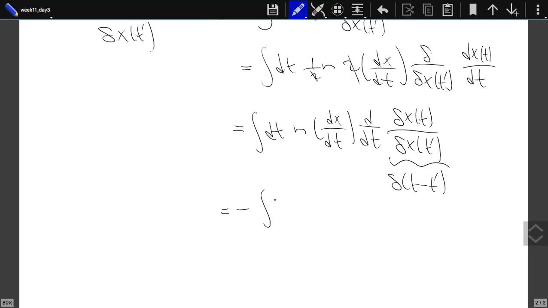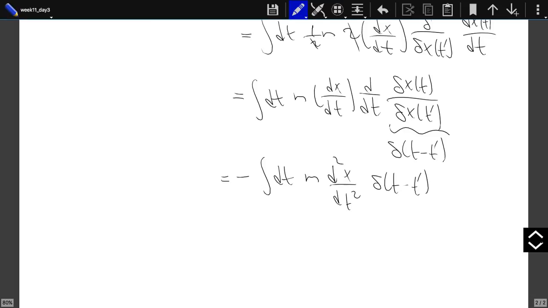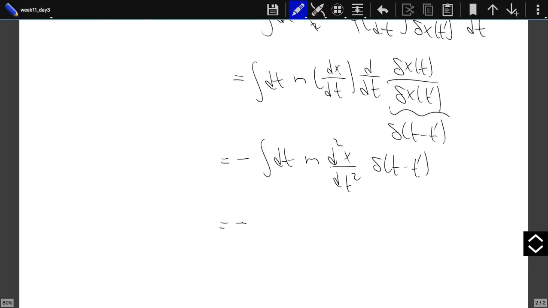So this is equal to minus dt m d squared x by dt squared times the Dirac delta t minus t prime. So we get our result: minus m d squared x by dt squared, no Dirac delta.